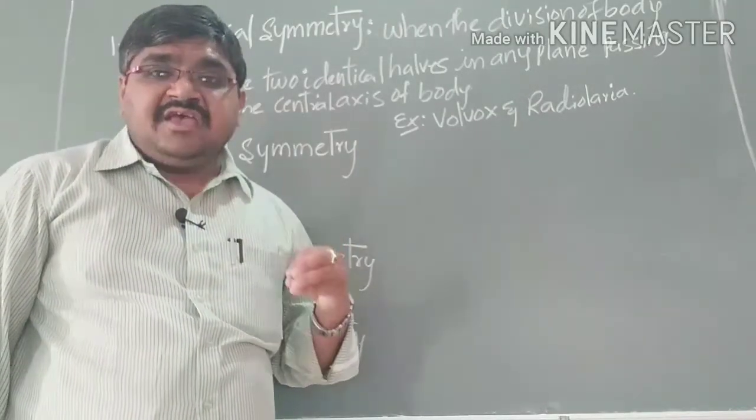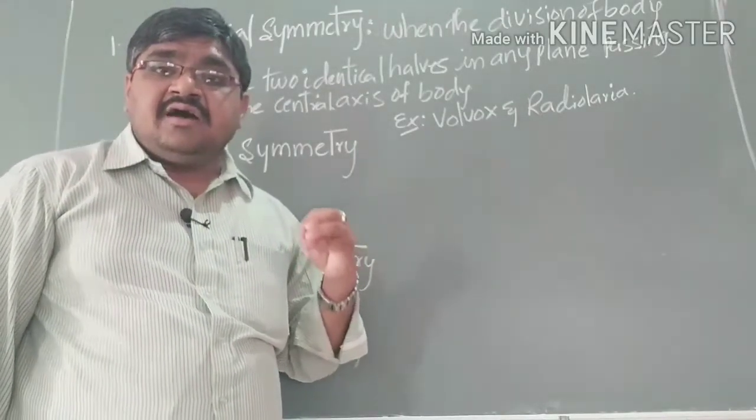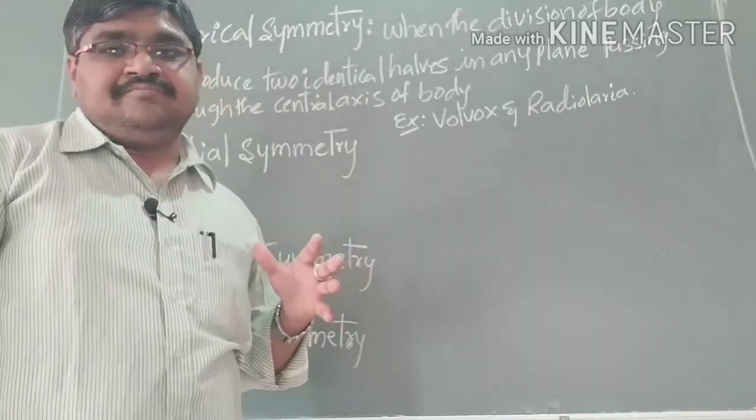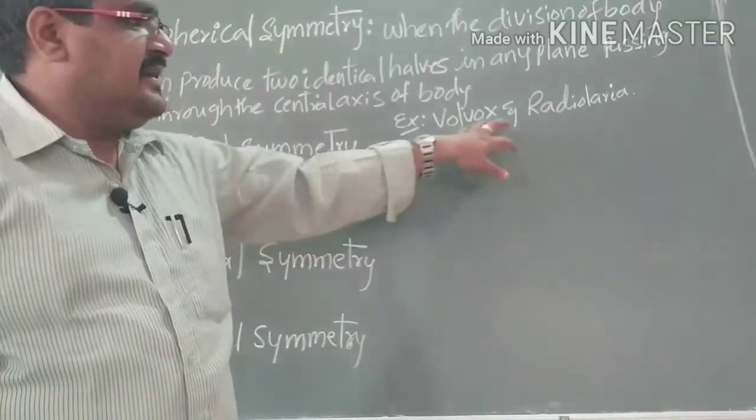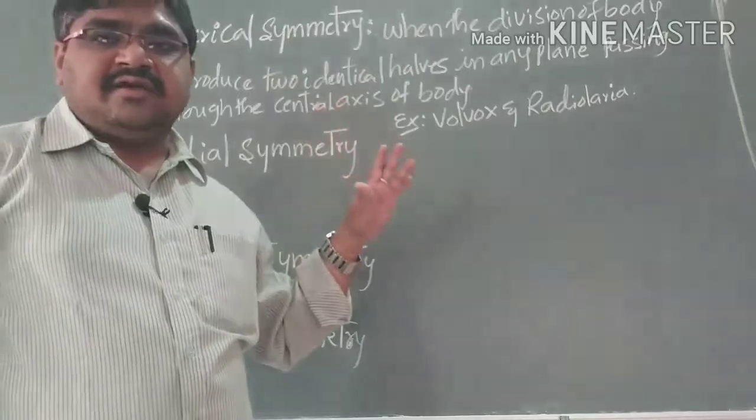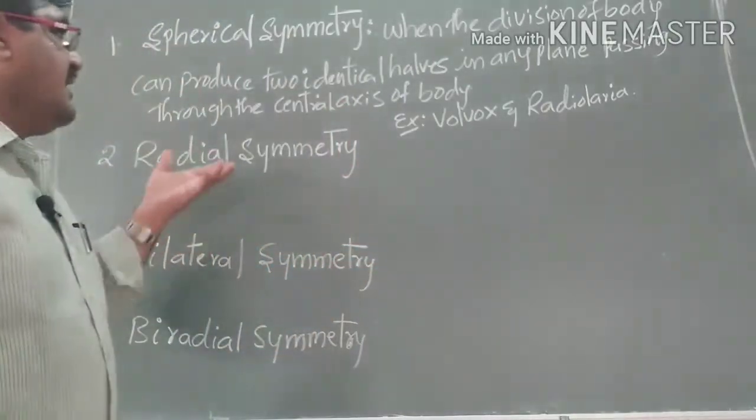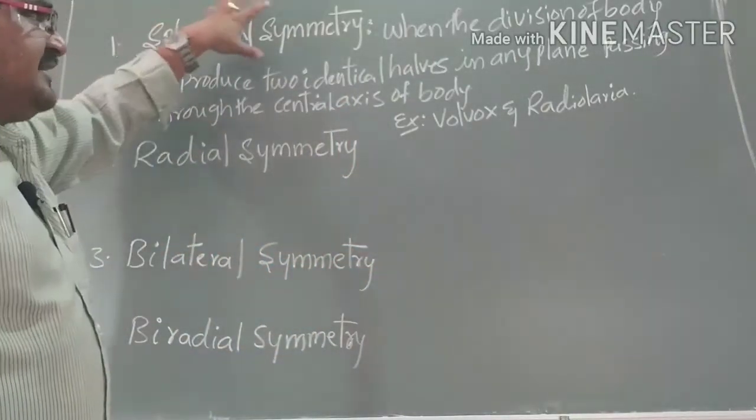It is rare in animals. Examples are Volvox and radiolaria.